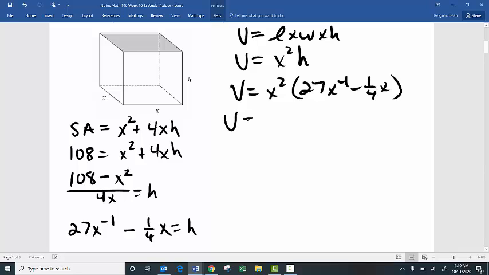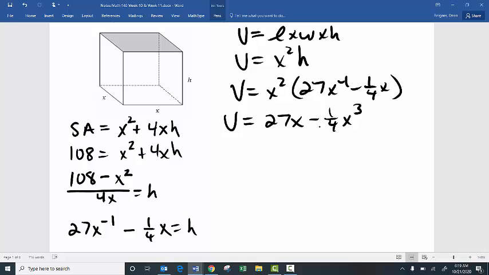Just like you did before, always simplify before you take the derivative. Now you want to figure out the maximum volume you can get based on the surface area of 108, which is the amount of material you have to make this box.